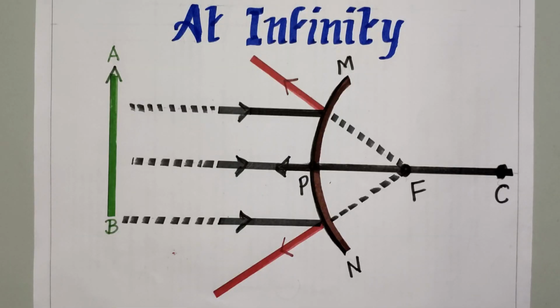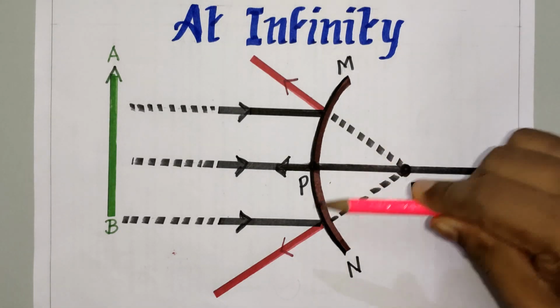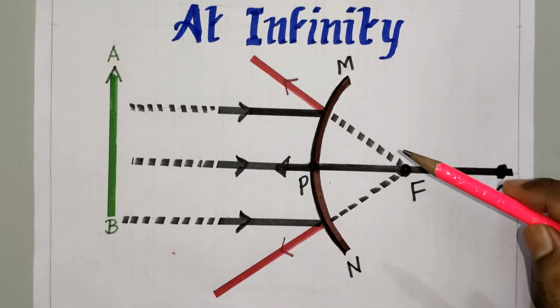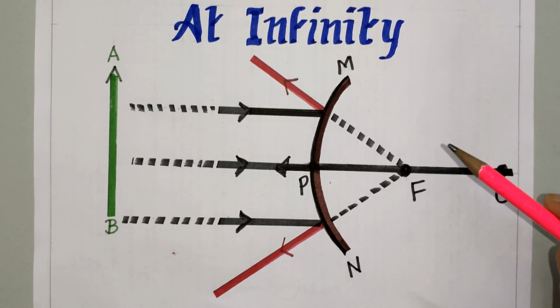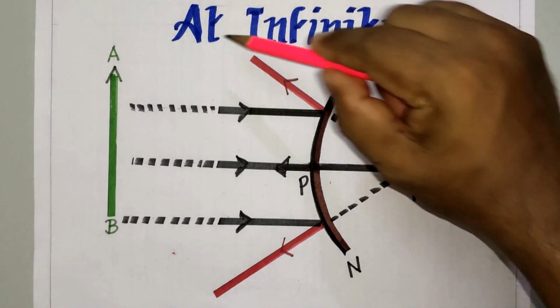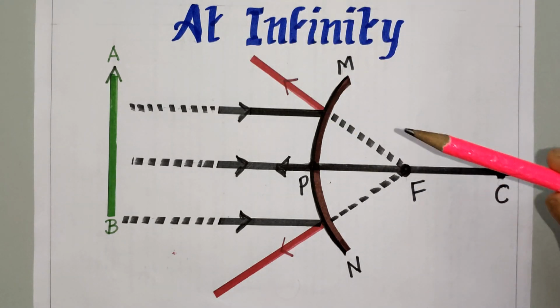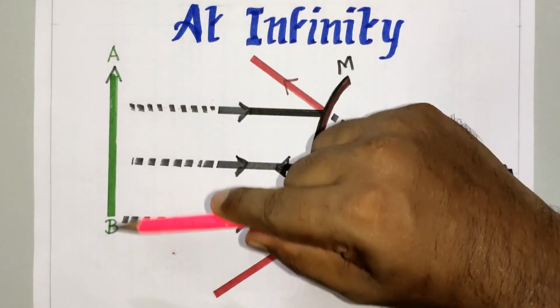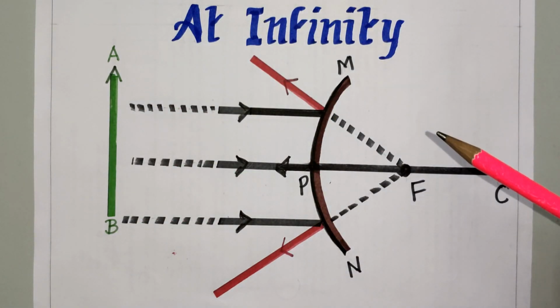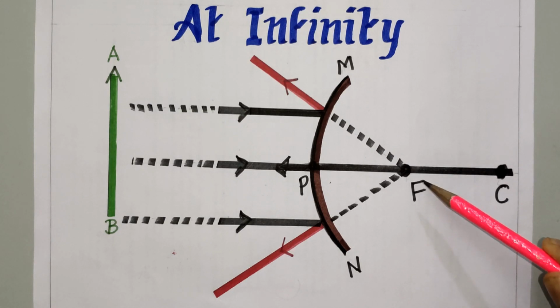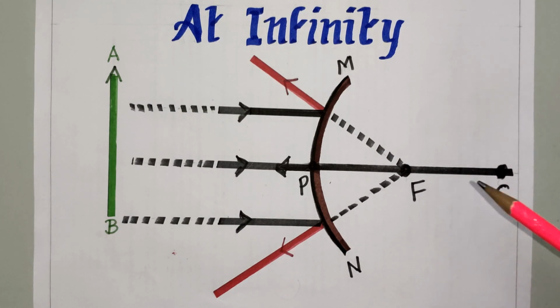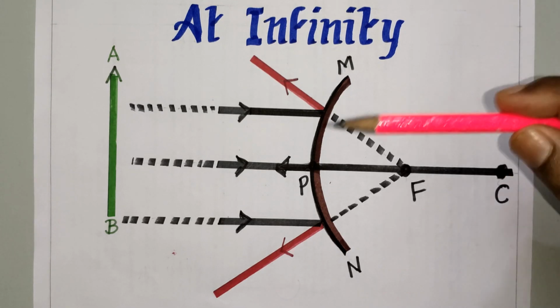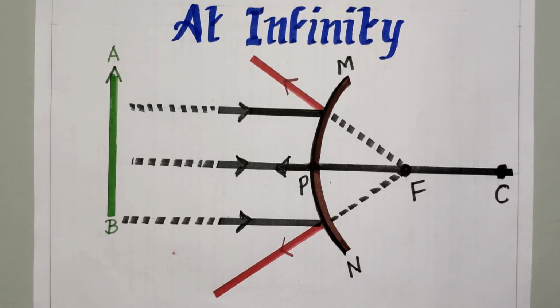Now we will learn the ray diagram for the convex mirror. In a convex mirror, there are only two positions. The first position is at infinity. If we place an object at infinity, we will get the image behind the mirror. How? From the 4 rules, we may take any 2 rules, but for this position, 1 rule is enough.